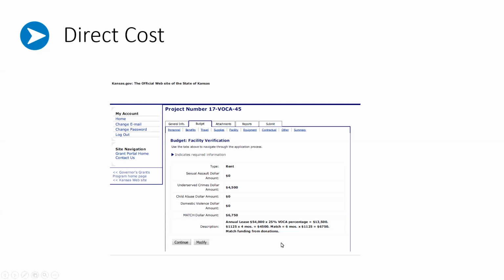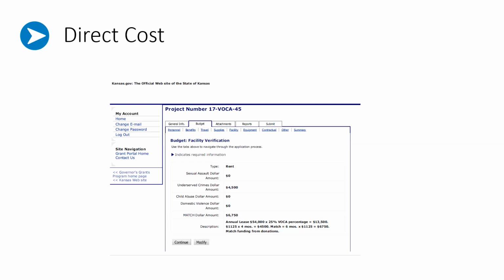Now, notice how they calculated this. The annual lease was $54,000 a year, and they said 25% was for the VOCA staff. So the staff that are paid for by the VOCA grant, 25%. They actually measured the square footage of the facility and how much office space was needed for the VOCA staff, and that's where the 25% came from.